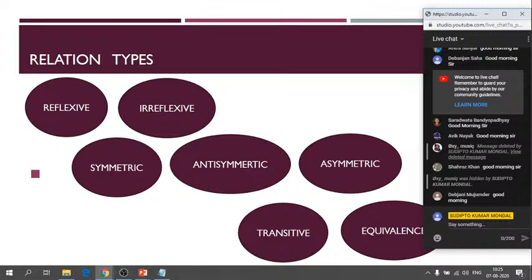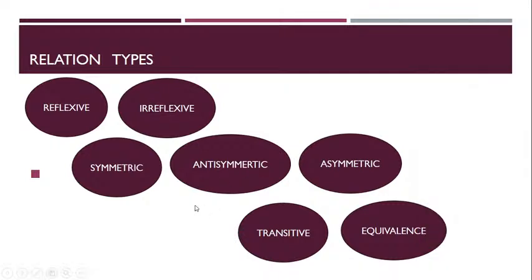So these are the different types of relation, available to us on the screen. Reflexive, irreflexive, symmetric, antisymmetric, asymmetric, transitive, equivalence. Because these types are very important, my request to you is, please within the class itself try to clear the concept, because the properties are very simple and very clear.